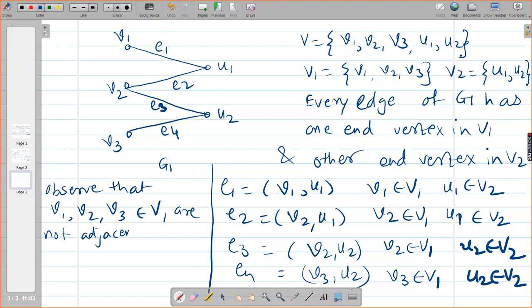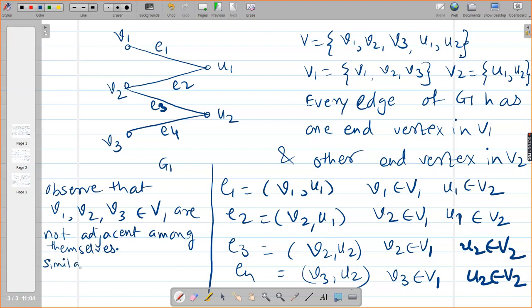This is very important. Are you getting it? Are they adjacent to each other? Is there any edge between V1 and V2? No, ma'am. Is there any edge between V2 and V3? No. V1 and V3? No. U1 and U2? No. Is that clear?